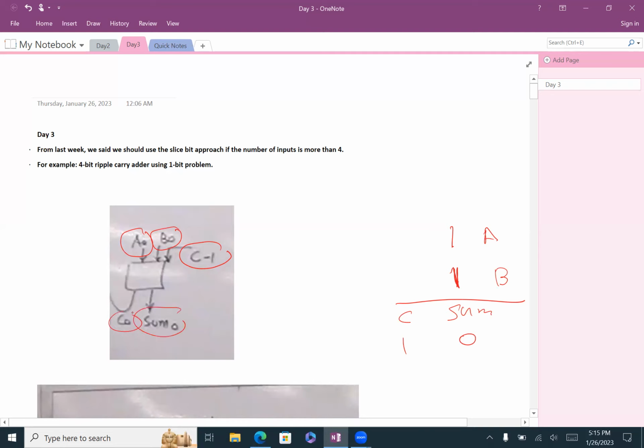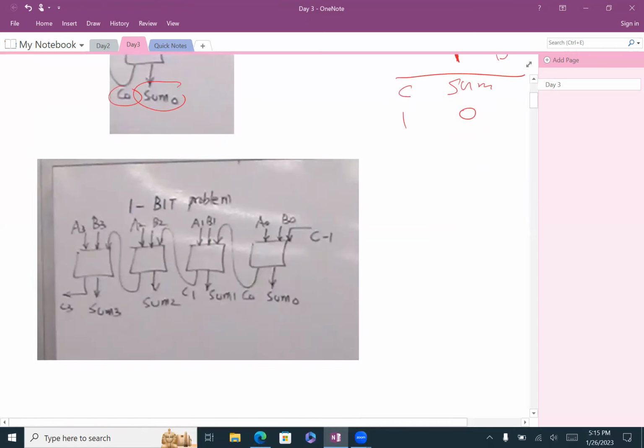And that's 1 bit. Now, if you want to extend that to 4-bit, how do you do that? If you want to build a 4-bit adder based on the 1-bit adder, how do you do that? Good. Simply, we put 4 next to each other, and the carry from the first one is going to be the input for stage 2.